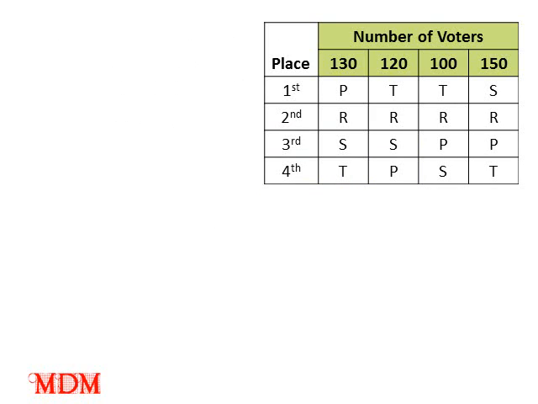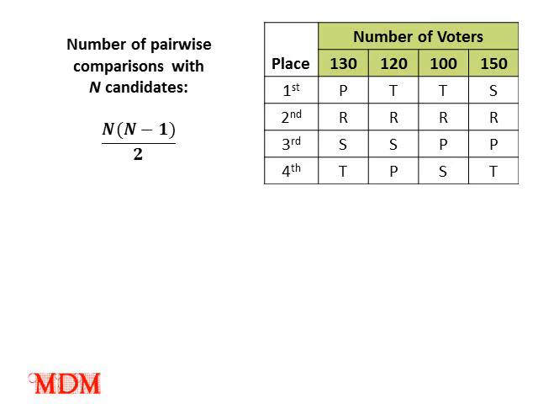The first thing we need to do is to determine the number of pairs that are possible for putting into a head-to-head matchup. We did this with our brain activator. As you recall, the number of pairwise comparisons within candidates can be found using that formula, n times the quantity n minus 1 divided by 2.